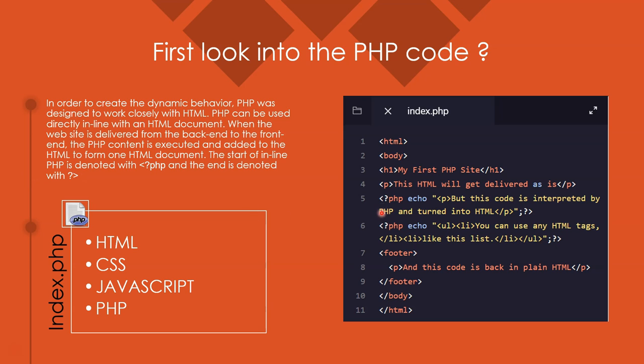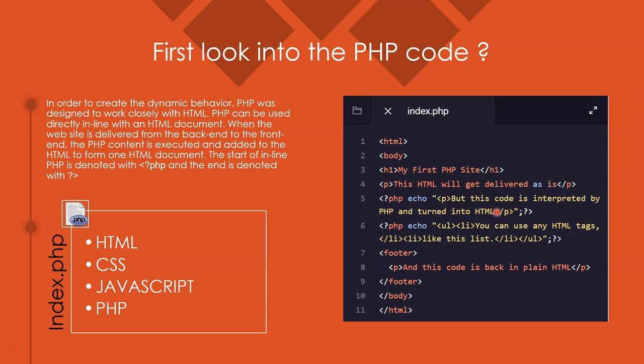If you look here, you can see that all these are HTML code, but here you can see the PHP code can be written inline along with the HTML. So this is the opening tag, the ending tag is like this, and then you have your statement. Echo is used for printing the string. So this is your HTML string, and each line is always terminated by a semicolon like this.